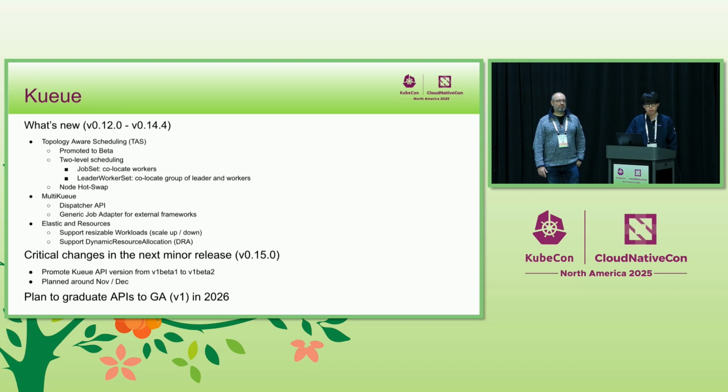The next critical change in the next minor release is that we are going to promote the Kueue API version from v1beta1 to v1beta2. It's going to be around November or December. And for the future, we are planning to graduate APIs to GA, probably next year.